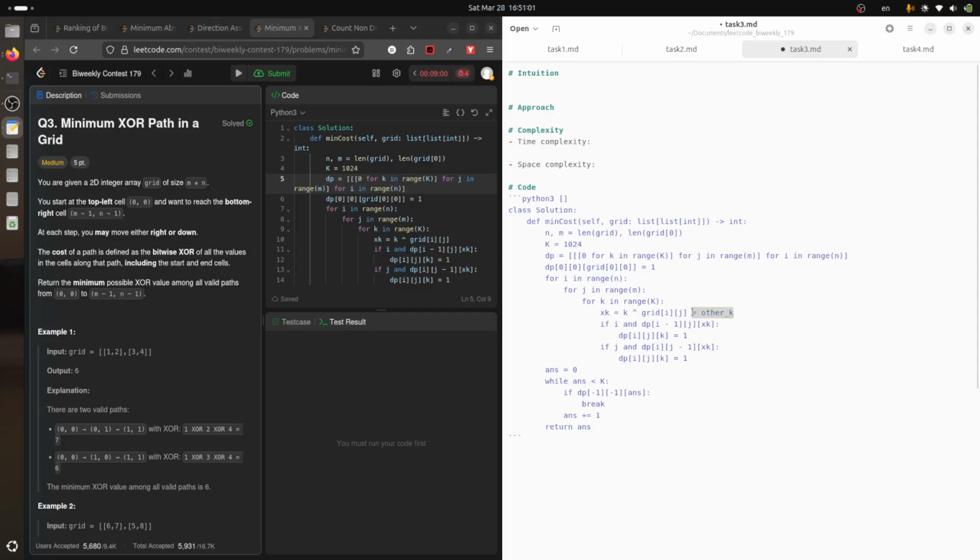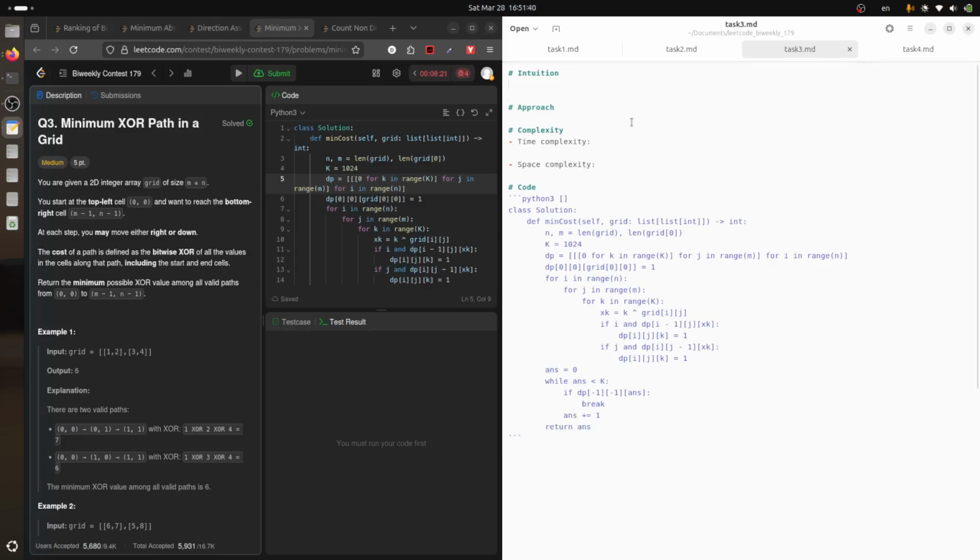Basically we XOR the path's value with this, and if there was a path that got to i minus 1 j and ended with the k we need, then we set it to 1, and the same if we come back from the left column. Finally, we are supposed to find the minimum XOR value among all paths, so we go through all XORs and check if we can get to the last bottom right cell with that XOR, and if yes, then stop. Okay, so that's quite clear, I guess.